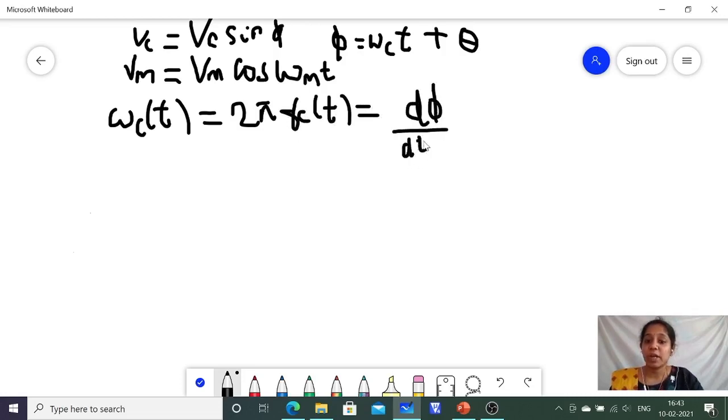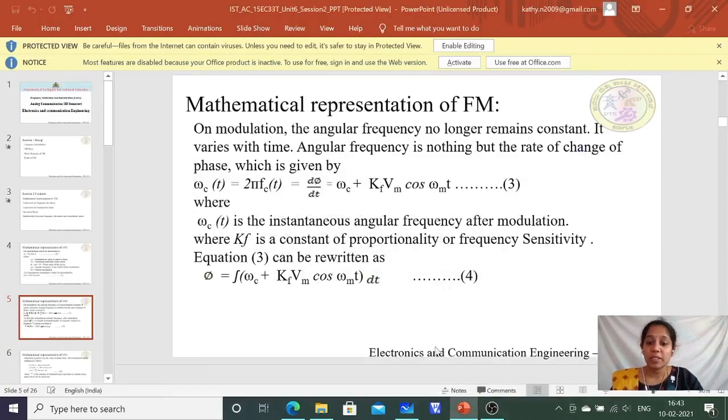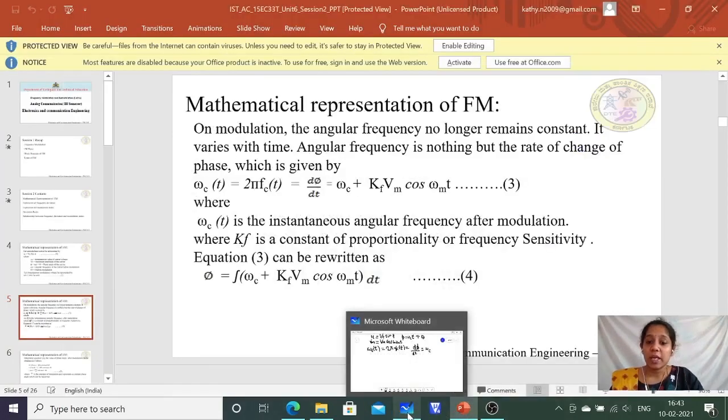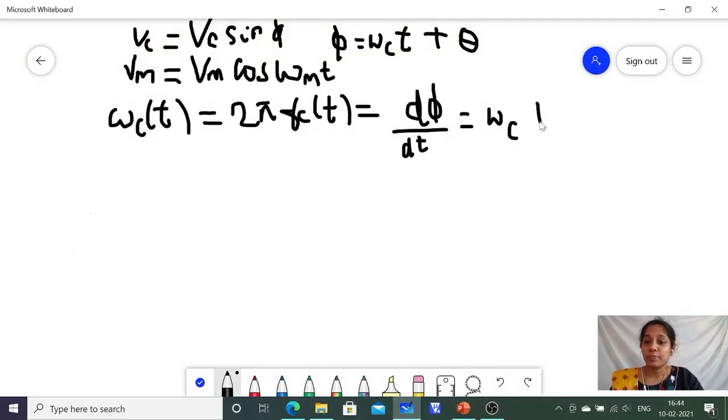So this d phi by dt is nothing but omega c plus kf Vm into cos omega m into t.